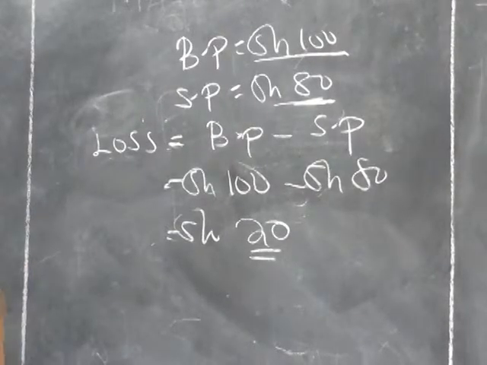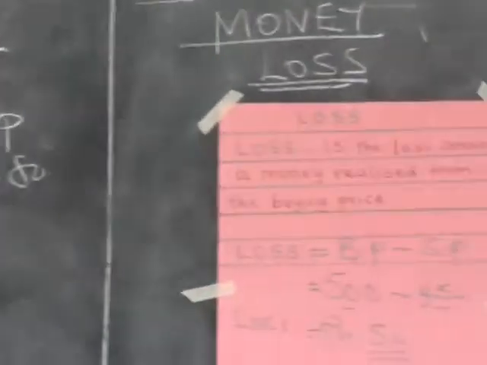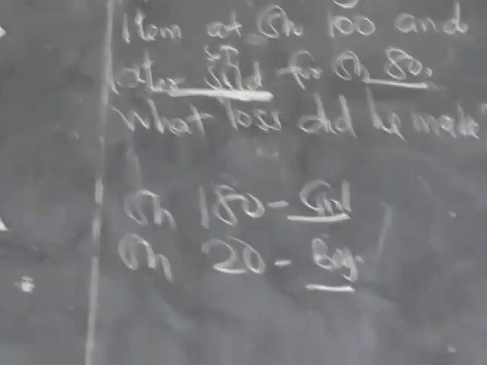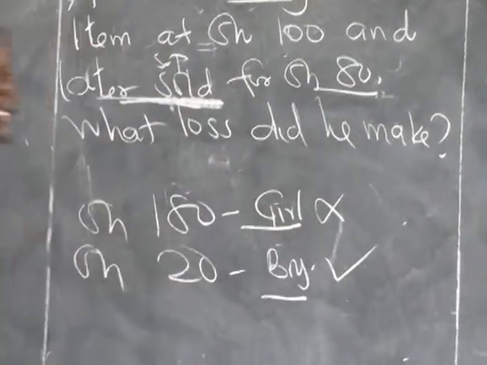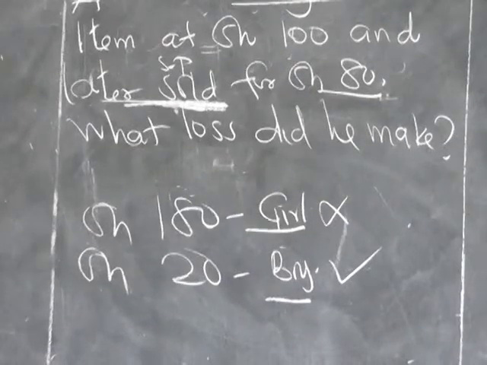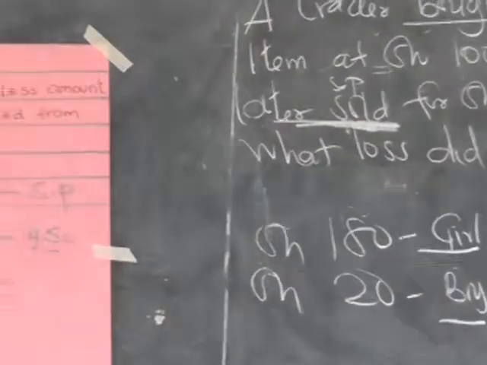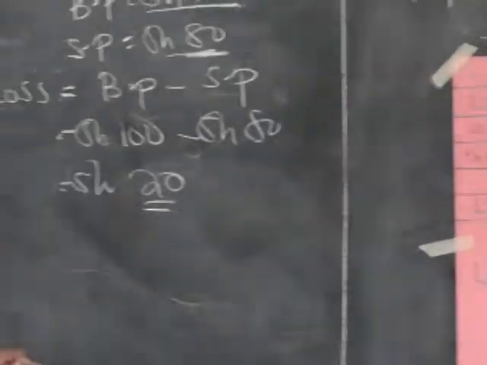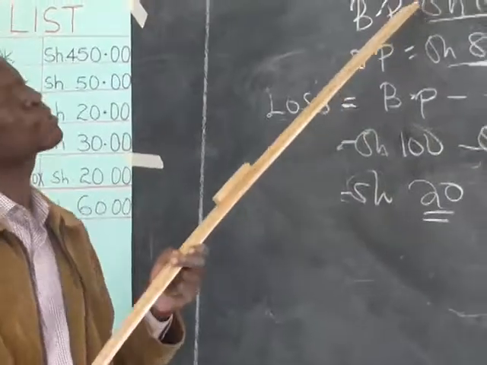So now class, between the boy and the girl, who was correct? Good. The girl was wrong, but the boy got the correct answer. Therefore, class, anytime you're given a problem involving a loss, one, you need to identify the buying price.